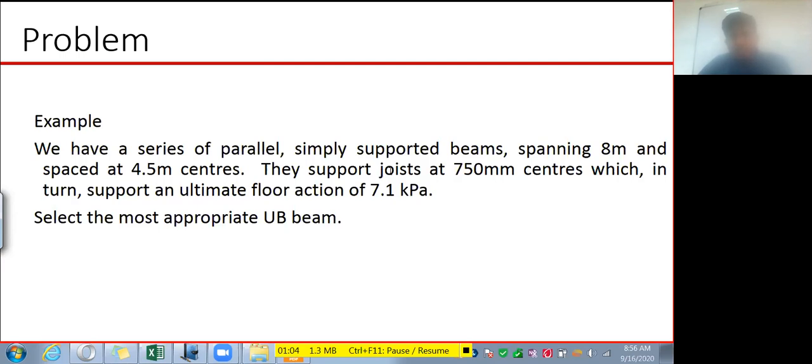They support joists at 750 millimeter centers, which in turn support an ultimate floor action of 7.5 kilopascal. Select the most appropriate UB beam.